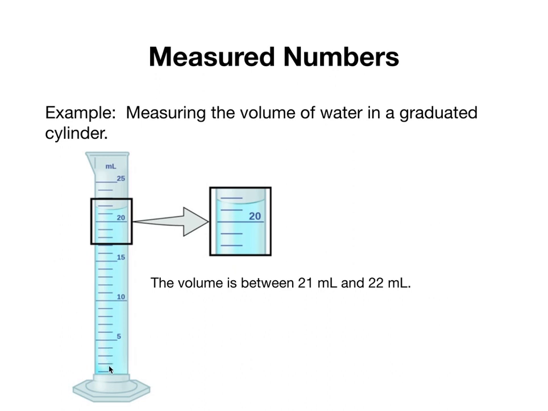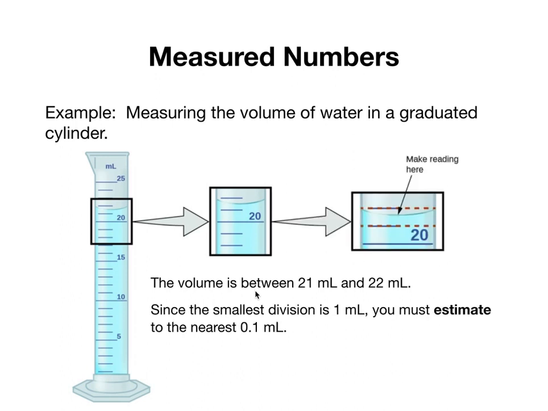Each one of these little divisions on the graduated cylinder represents a milliliter: 5, 6, 7, 8, 9, 10, and so forth. If we magnify this, we can see that the level of the water in the graduated cylinder is between 21 and 22 milliliters.